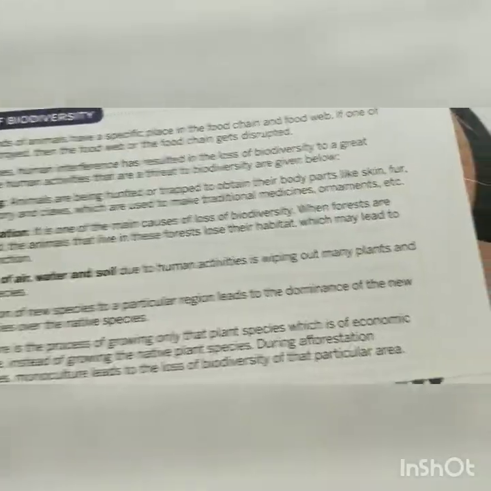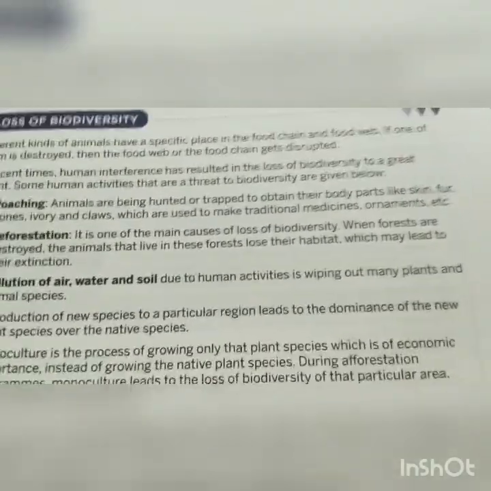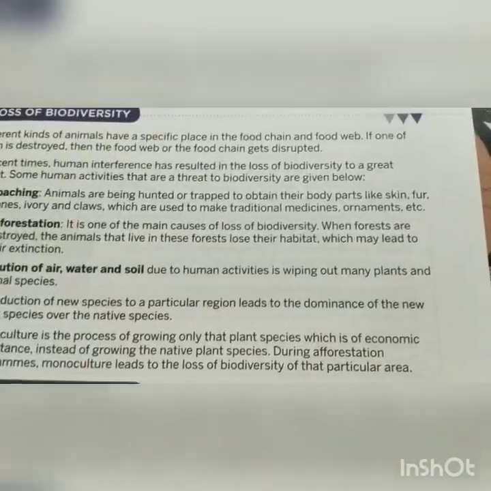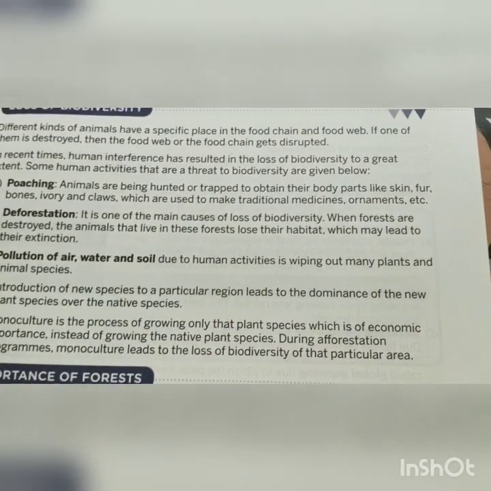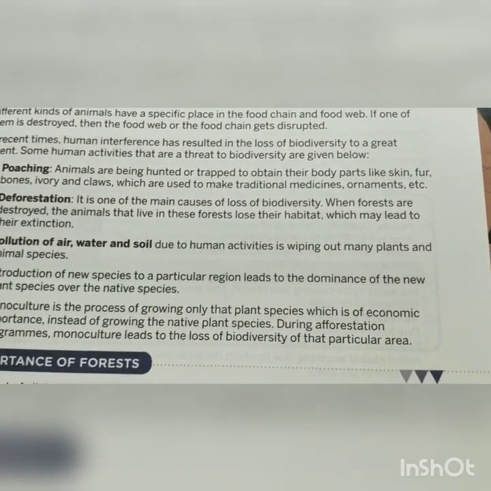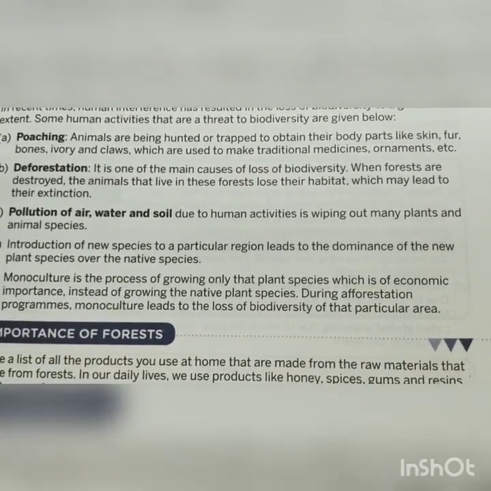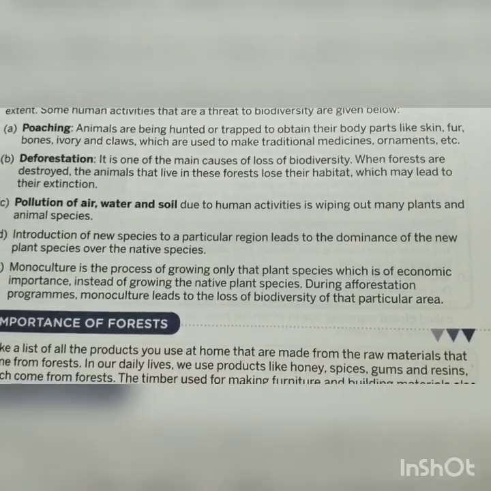Because when the forest is destroyed, where will the wild animals go? They will lose their habitat, and because of not getting their habitat, their number will decrease, and one day will come when they will be extinct from the environment.